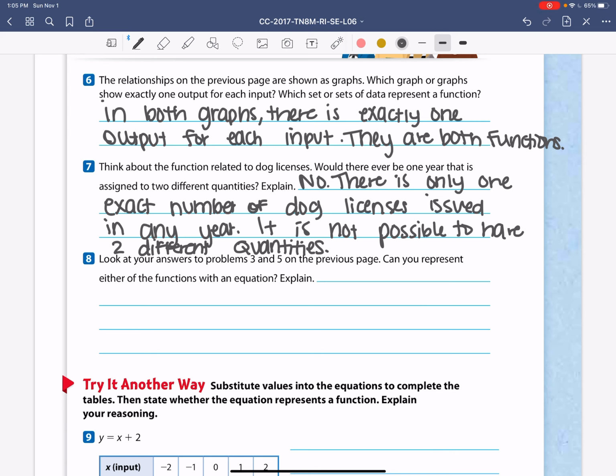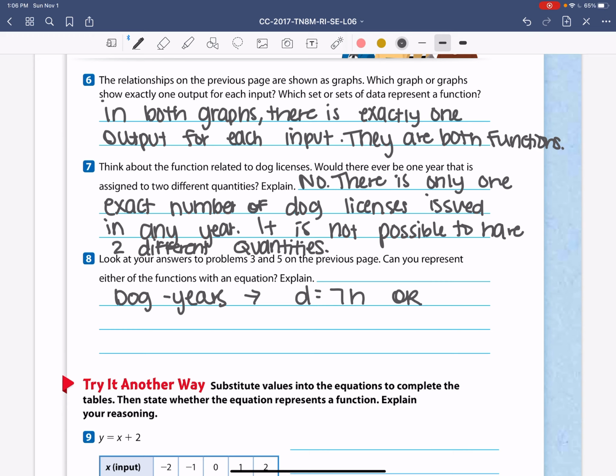All right, and we move on to number 8. Look at your answers to problems 3 and 5 on the previous page. Can you represent either of the functions with an equation? So the dog years function can be written as d equals 7h.